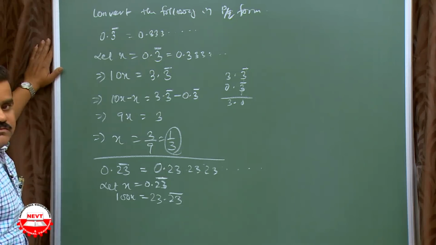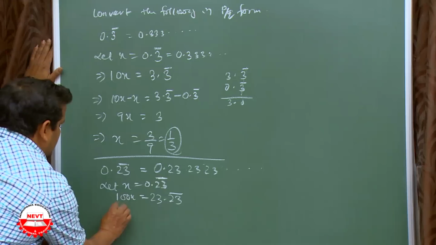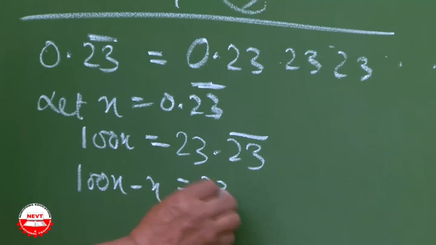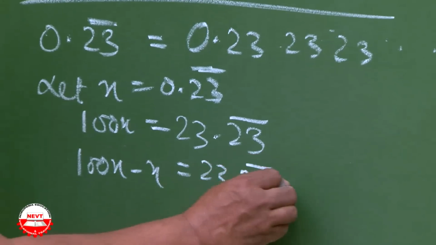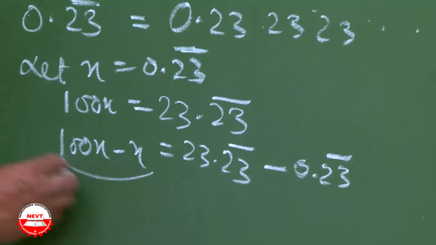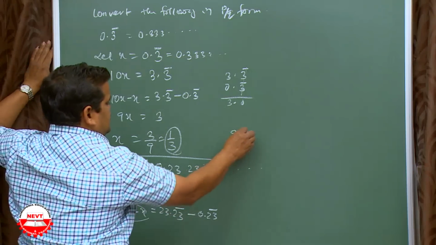Now subtract this from this: 100x minus x is equal to 23.23 bar minus 0.23 bar. So this will be 99x.